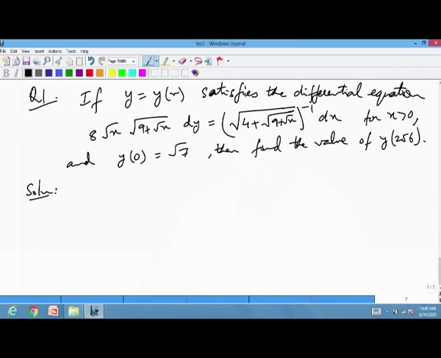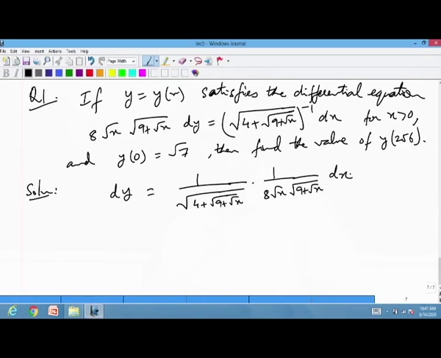So, here if I write dy equal to 1 by square root of 4 plus square root 9 plus root x times 1 by 8 root x times square root of 9 plus root x dx.